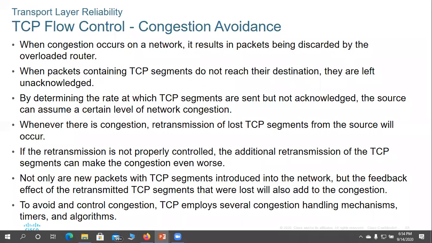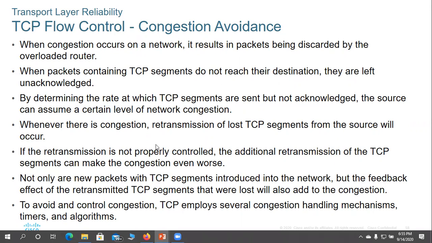Okay. So TCP also has a way of avoiding congestion. When we have congestion in a network, some packets can be dropped. So when packets containing TCP segments don't reach their destination, they are left unacknowledged. By determining the rate at which TCP segments are sent but not acknowledged, the source can assume a certain level of network congestion.